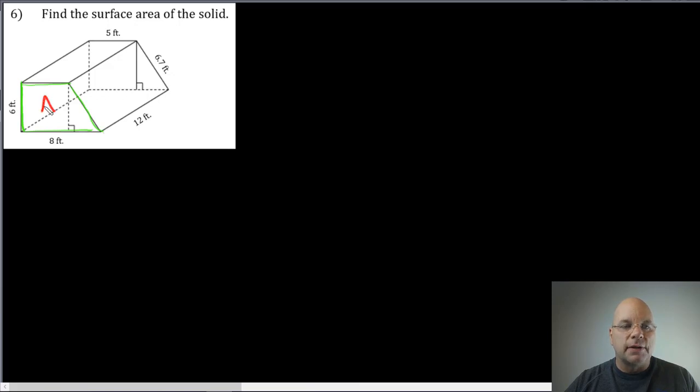For example, if I call the trapezoid face A, I don't need to calculate the area of the face A back here because these are parallel and congruent, and so I could just double this area to get the area of both of those trapezoidal faces. So what I'm going to do is sketch face A here.